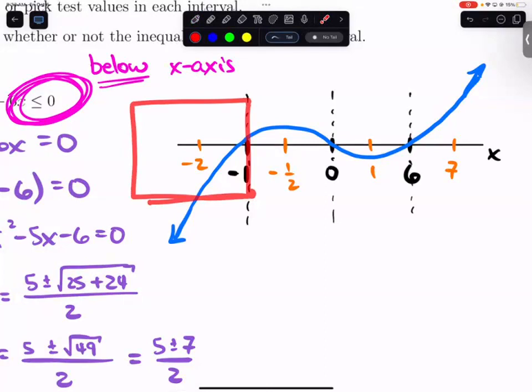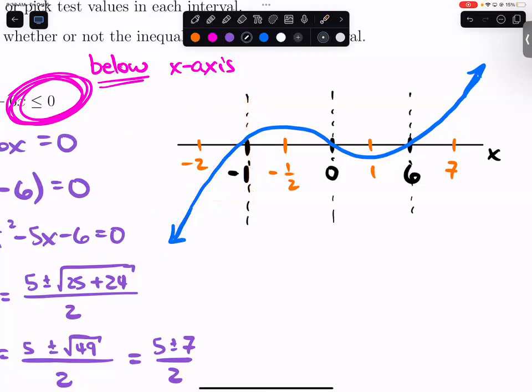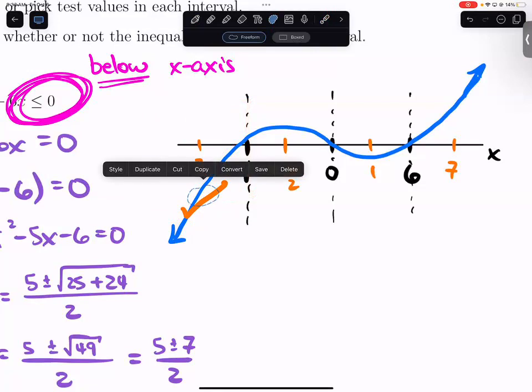If I take an x value in there, like -2, for example, and plug it into this function, are we going to get back a positive value or a negative value? Negative, because here's the graph, right? It's sitting in negative y territory. It's sitting under the x-axis. So that inequality is true here, right? Because it's sitting, again, underneath the x-axis.